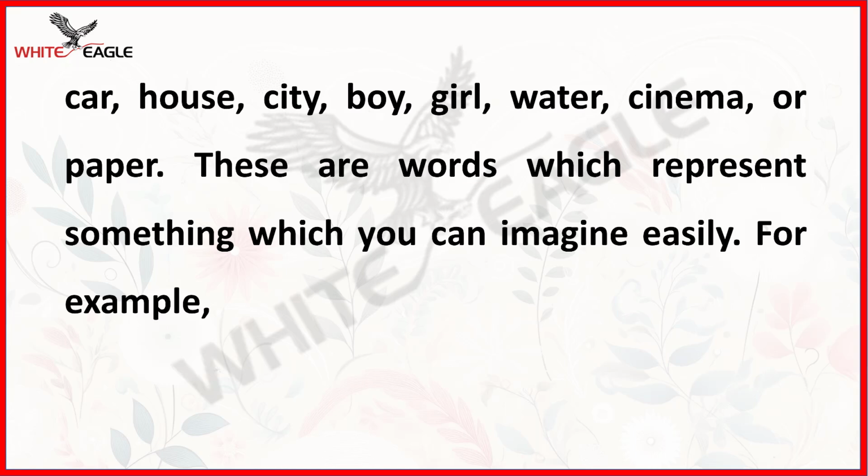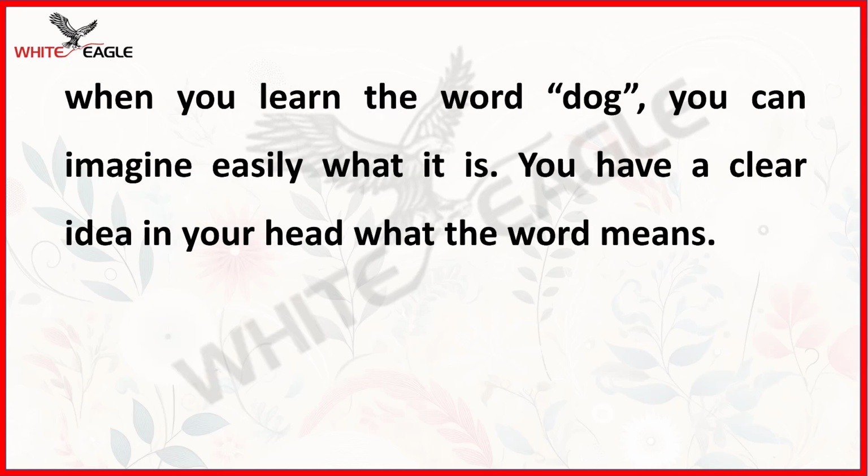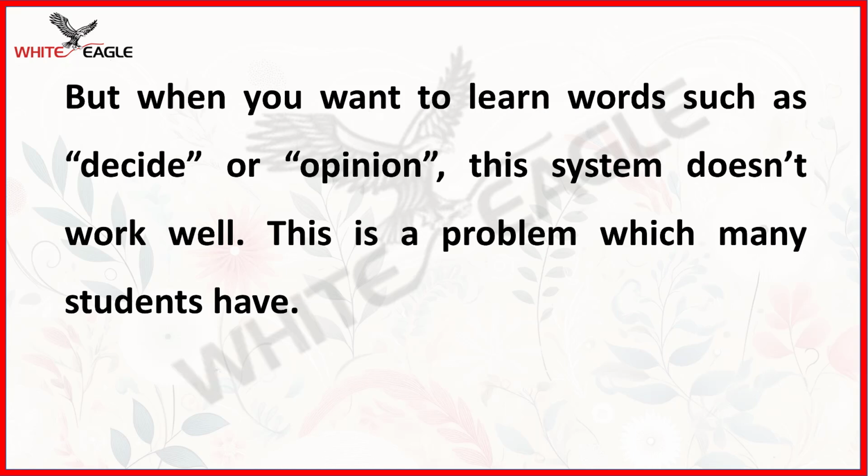For example, when you learn the word dog, you can imagine easily what it is. You have a clear idea in your head what the word means. But when you want to learn words such as decide or opinion, this system doesn't work well.